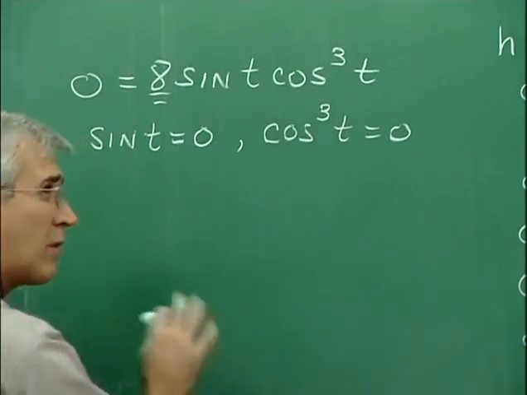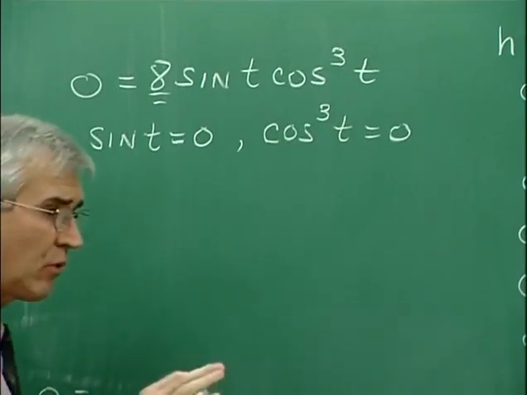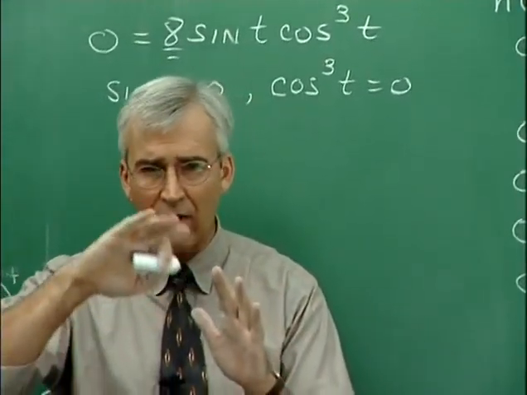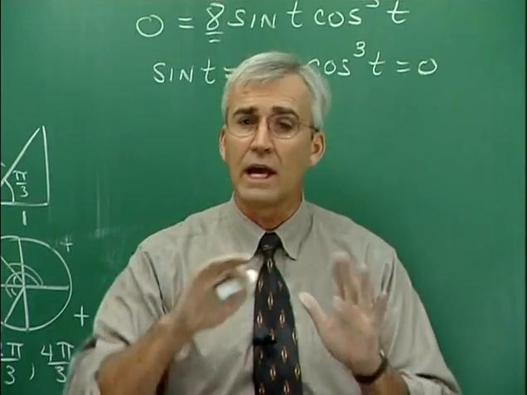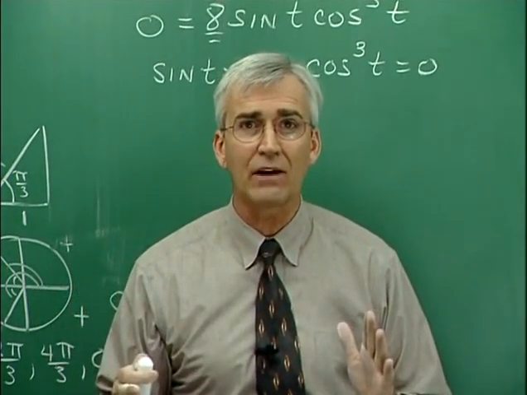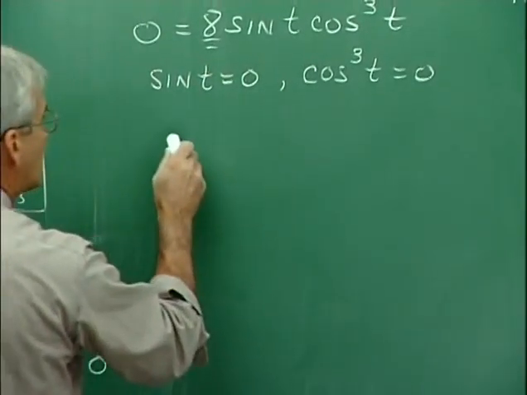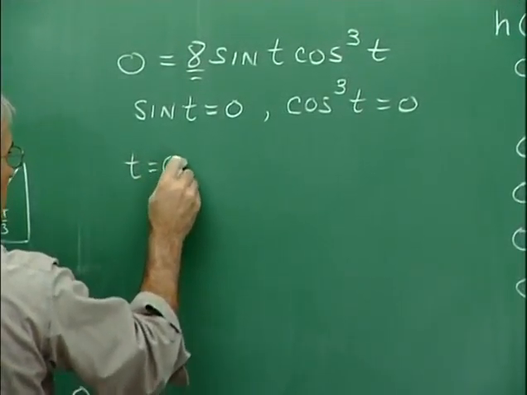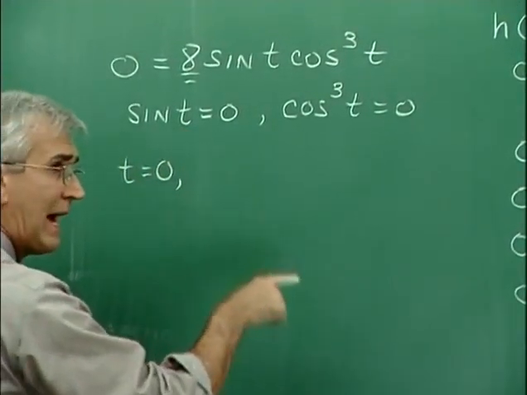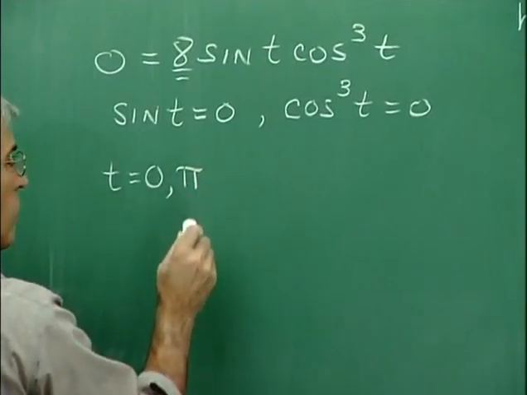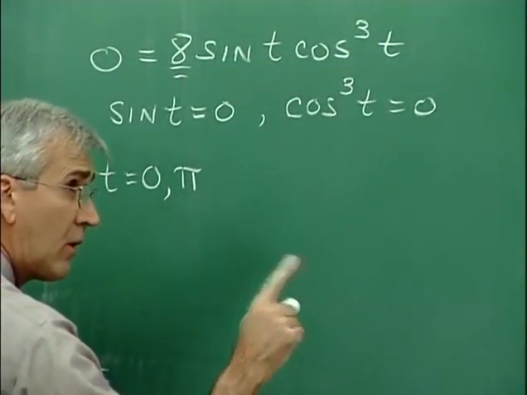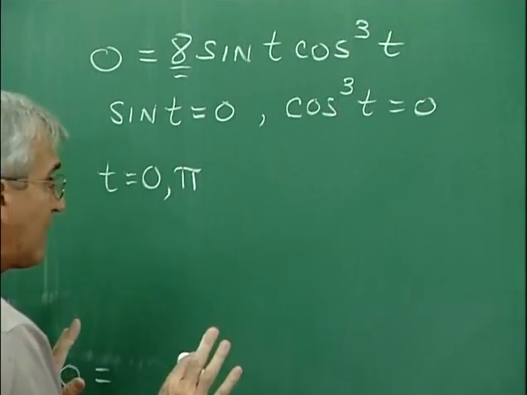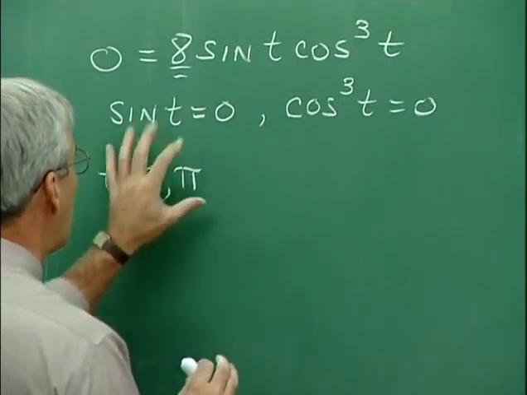We have x-intercepts, and without even drawing it at some point, we ought to be able to imagine how that sine curve goes. It starts at an intercept. It starts at 0. It goes to the top of the amplitude and back through 0. You see, so it starts at 0, goes to the top of the amplitude, back through 0 at pi, bottom of the amplitude, and then back to 0. But that last 0 occurs at 2 pi, and we're disallowing that value. Okay, so 0 and pi for this.